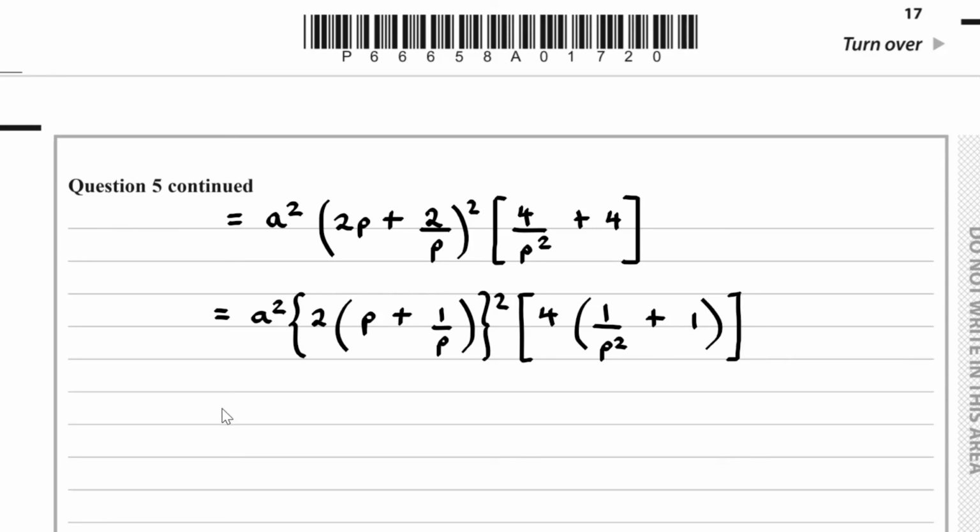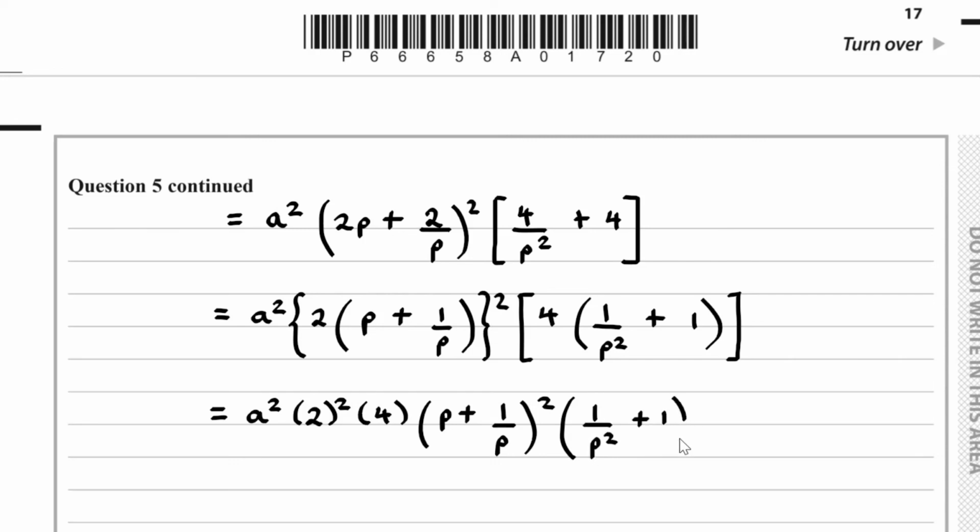So, using the laws of indices, we've got a squared, lots of 2 squared, lots of 4, lots of p plus 1 over p squared, lots of 1 over p squared plus 1.